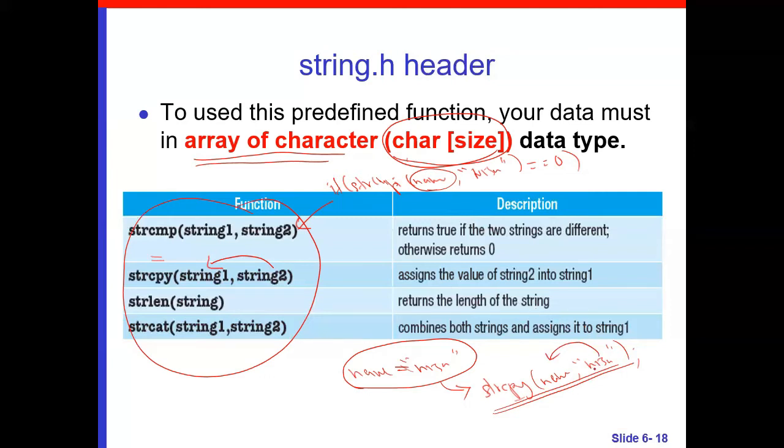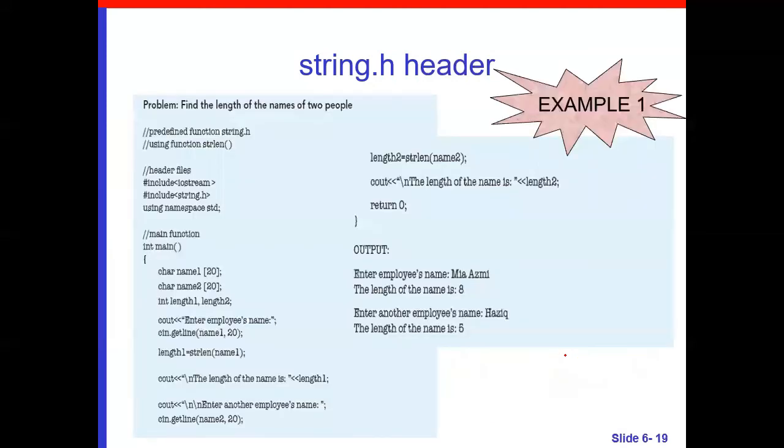For example, if we count how many letters are here, 1, 2, 3, 4, so we return 4. For strcat, string 1, string 2, it combines both strings and assigns the result to string 1. So let's see the example of the string.h header.